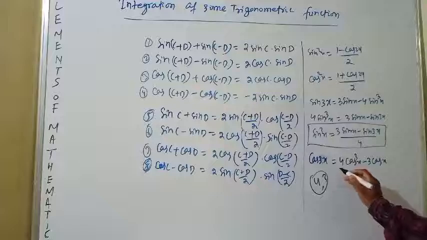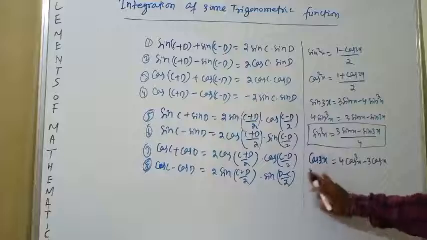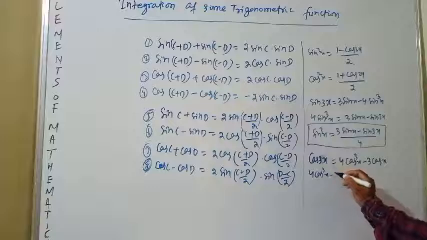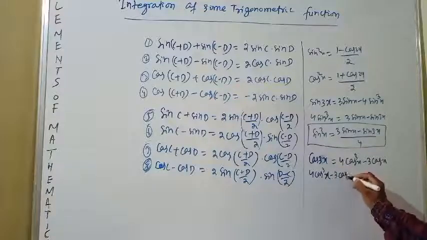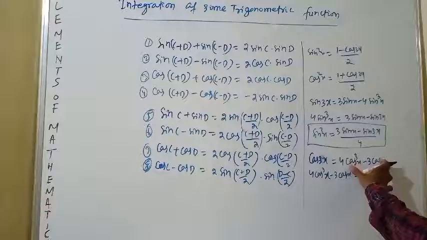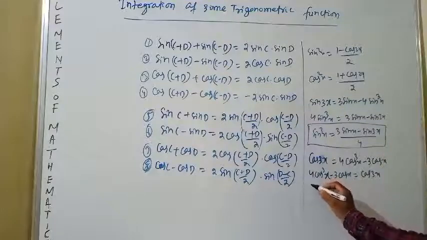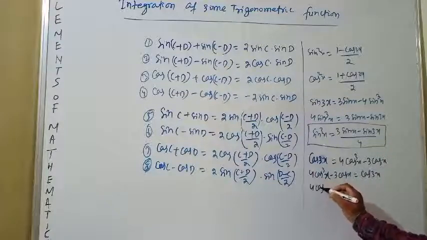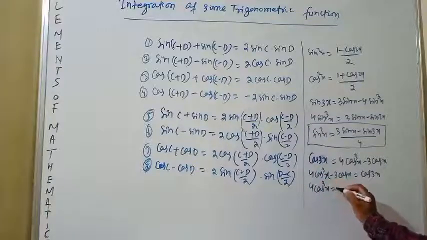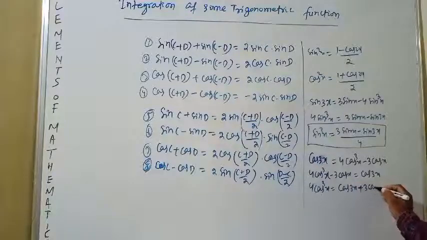Now find cos cubed x. 4 cos cubed x is equal to cos 3x plus 3 cos x.